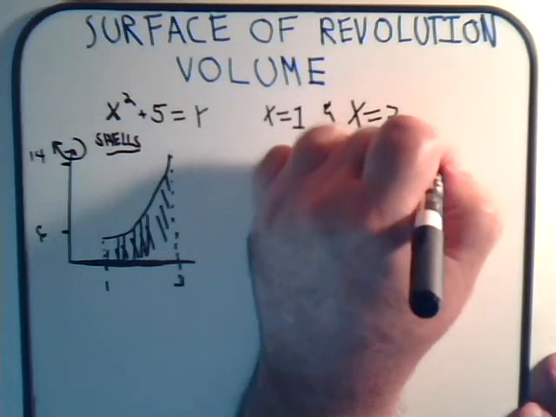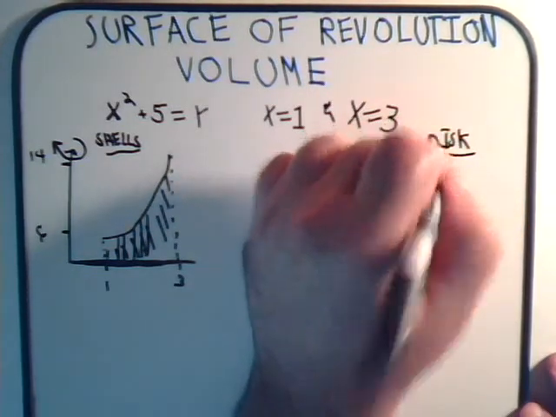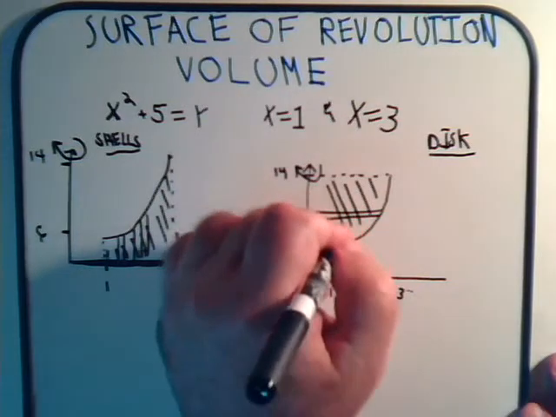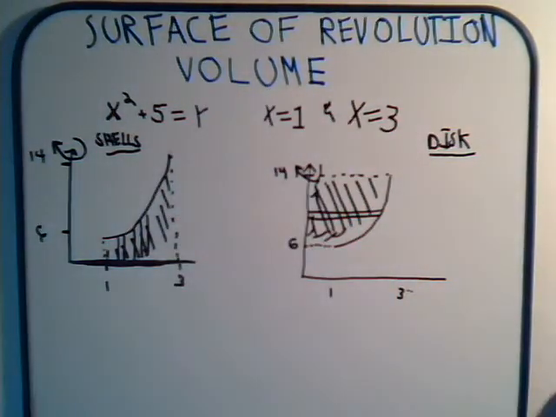This is the disk method. And with the disk method, it's this region that we're concerned with. And that's the region now that's going to be rotated about the y-axis to give us our three-dimensional figure.